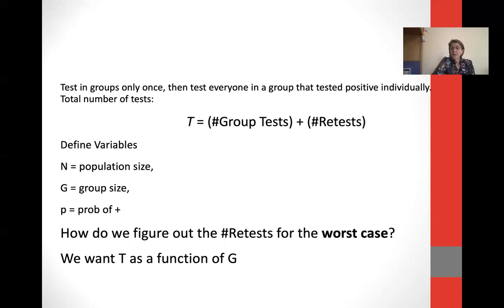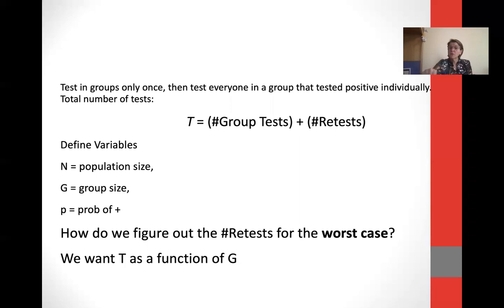And we already noticed, again, if you've played with these numbers and explored them, the kids notice right away that the number of group tests depends on the size of the population and your group size. And then the number of retests depends on how many people are sick, or how many vials will test positive, right? And where they are, if they're spread apart.